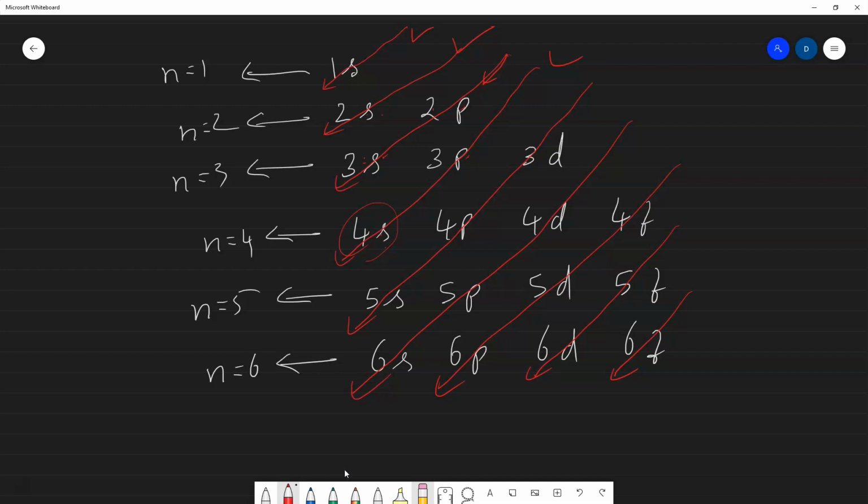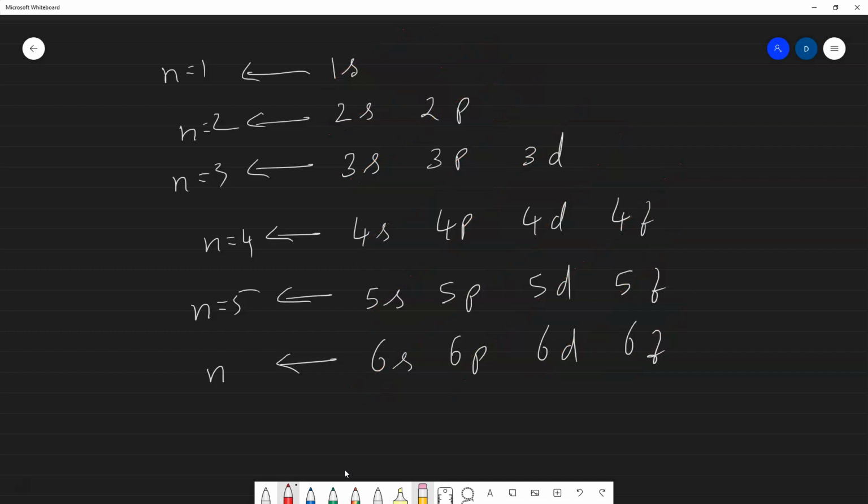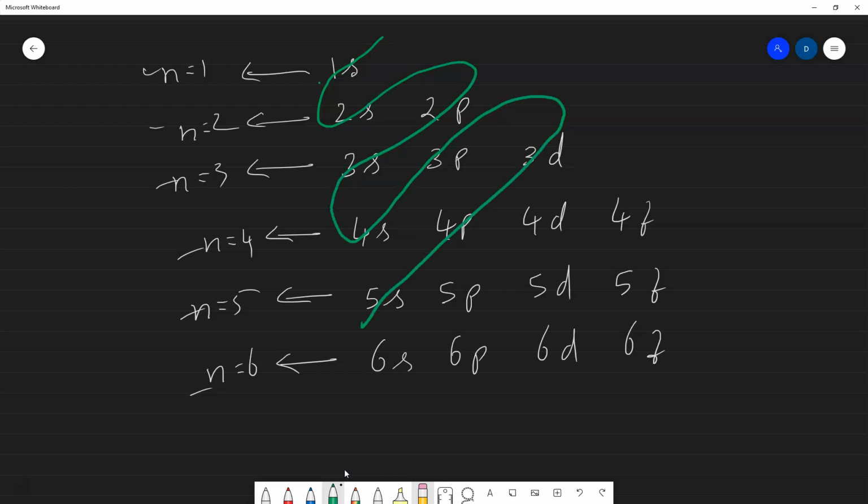What some people do is they also put it like this. Wait a minute. Yeah, so this is n equal to 6. Just write down shell 1, shell 2, shell 3, shell 4, shell 5. Just start an arrow from here, go from here, come from here, then go from here, come from here. Just follow this arrow.